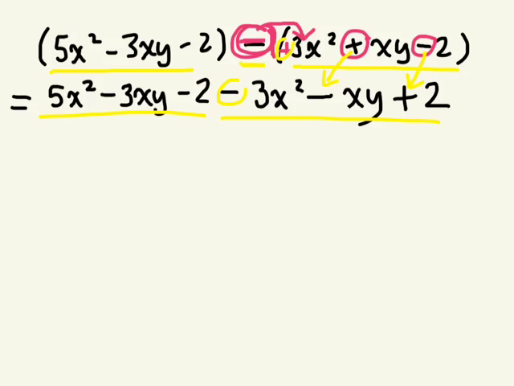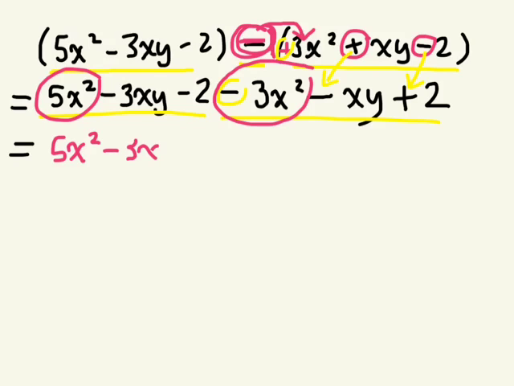Okay? Now we need to combine our like terms. This is the easy part. So what goes with 5x squared? Negative 3x squared. So I'm going to write that together. Okay, that's done. Are there any more x squared terms? Nope. Then I have a negative 3xy. What goes with negative 3xy?